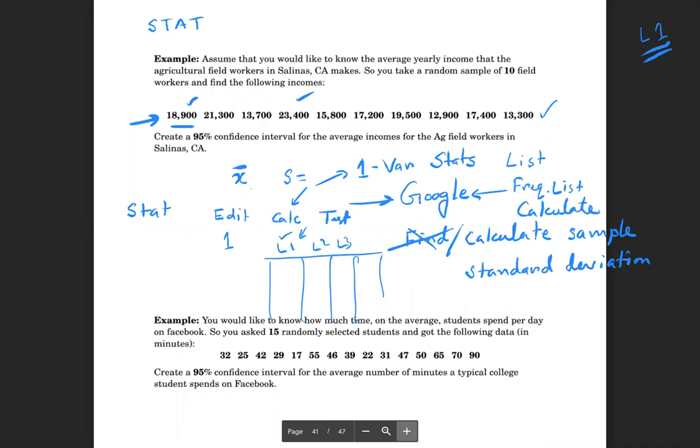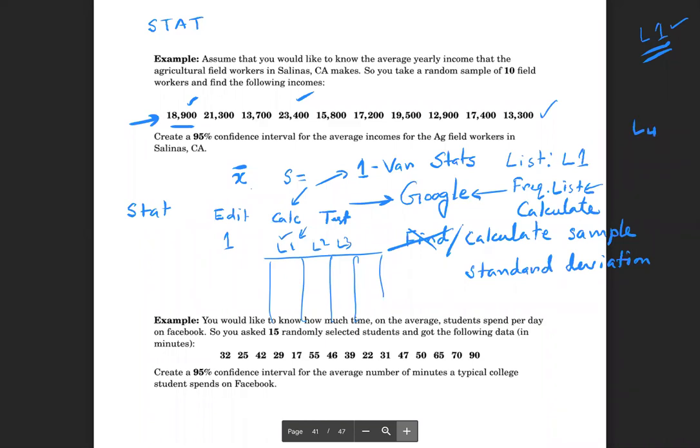Now you don't need to worry about this frequency list. It's probably for something else that we haven't talked about. On the list label, you need to make sure that you have L1 selected, because that's where we put the data points. Now what if you have something else? Like on my calculator I have L4.